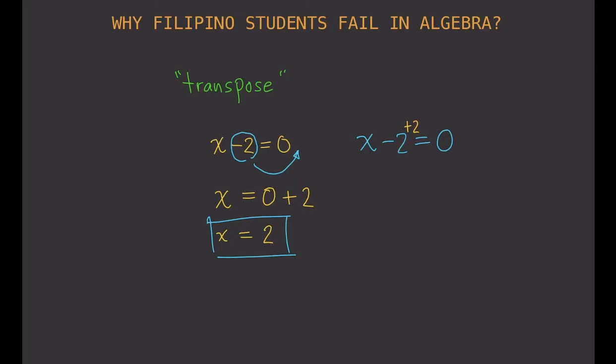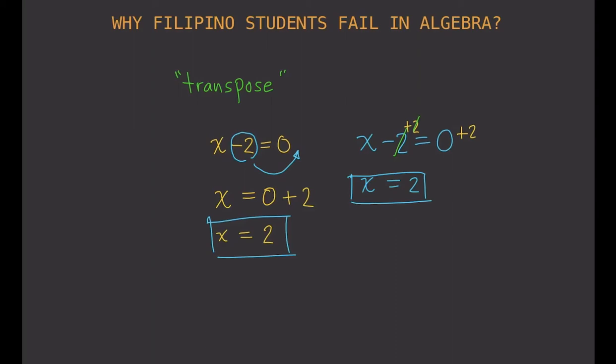And since you added a 2 on the left side, you're also going to add 2 on the right side. And so these things cancel out and you are left with x equals 2. And that is the final answer. So here, we did not invoke any process called transpose, we did not transfer any number to the right side of the equation.